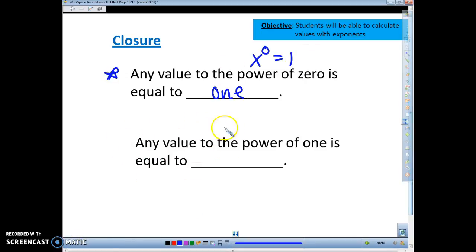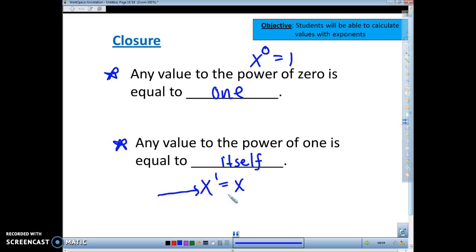It says any value to the power of 1 is equal to, oh, I didn't teach you this one. Well, go ahead and write this in. Anything to the power of 1, I feel like you should know, is itself. The answer is itself. Please write this example in. I'm surprised that wasn't in there.